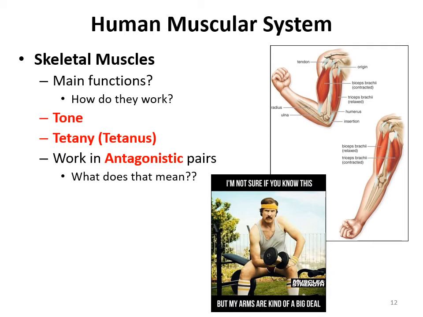They allow for movement because it's movement by pulling on bones. Keep in mind, muscles never push bones. So when I say how skeletal muscles work, they pull on your bones to move those bones.